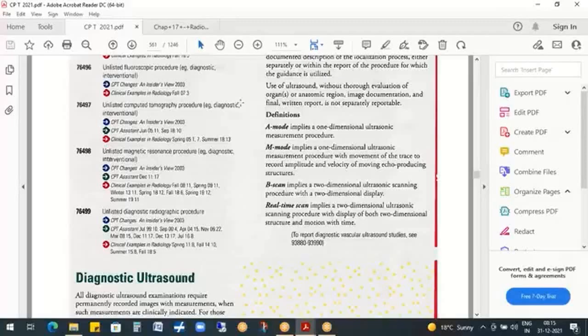High frequency sound waves are used to detect the abnormality of a body part.